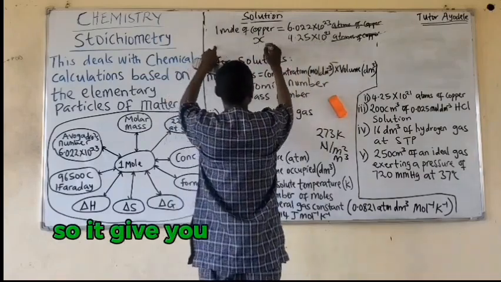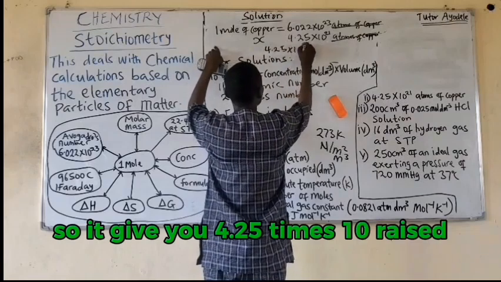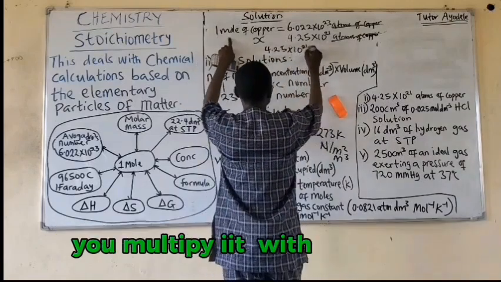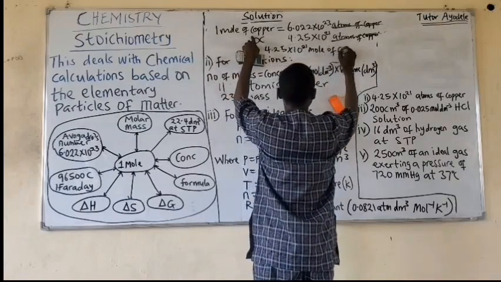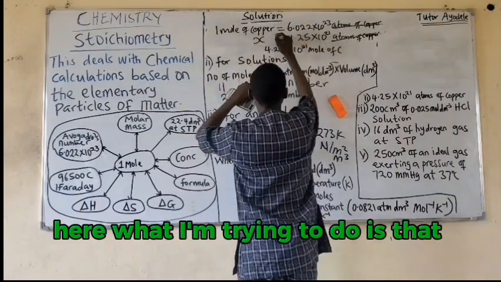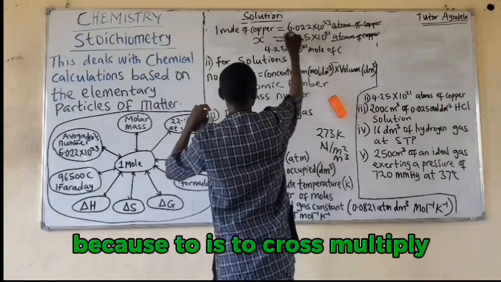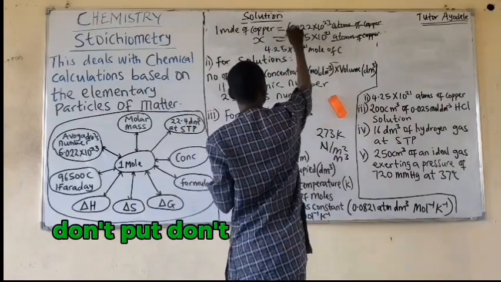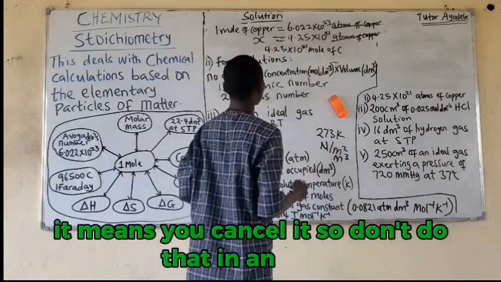So it will give you 4.25 times 10 raised to the power of 21. What I'm trying to do here, equals to, is to cross multiply. Don't put a sign crossing like this, so it means you cancel it. Don't do that in an exam.